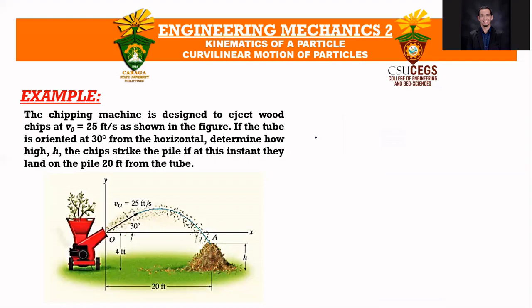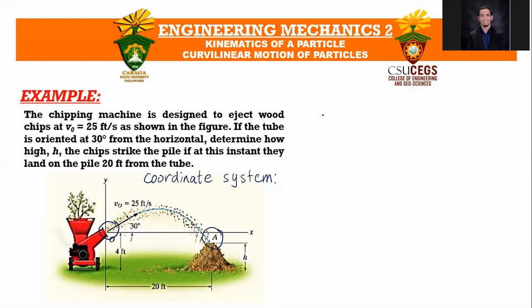So here in our problem, the figure below will be considered as our coordinate system since it shows already the x and y axis, and makita po diri ang initial position which is at point O, and also its final point which is at point A.